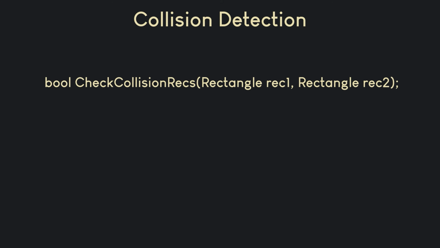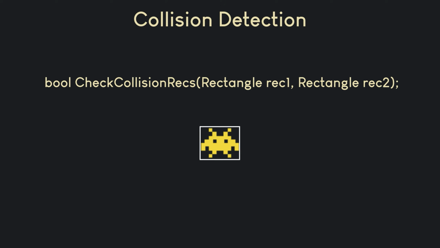In our game, collision detection among various game elements is crucial. Raylib provides the CheckCollisionRecs function, which determines if two rectangles collide. However, in our game, we don't work directly with rectangles, but with game objects. To address this, we will introduce a method for each game element that returns a rectangle object, which will be invisible.